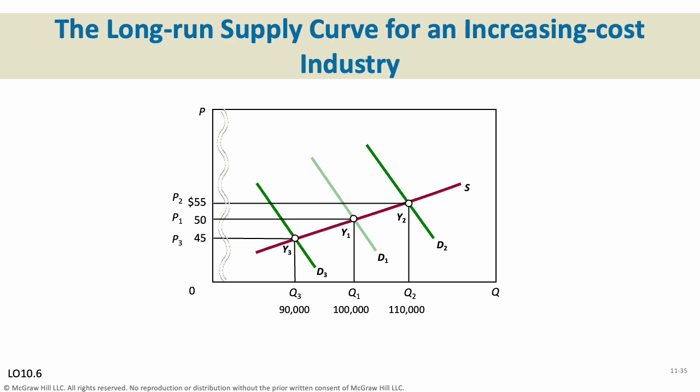So an increased industry output will be forthcoming only at higher prices. Since costs go up the more we make, price is going to have to go up to find equilibrium. So 90,000, price of 45; 100,000, price of 50; 110,000, price of 55. So price is changing depending on how much we make. The more we make, price is going up here.